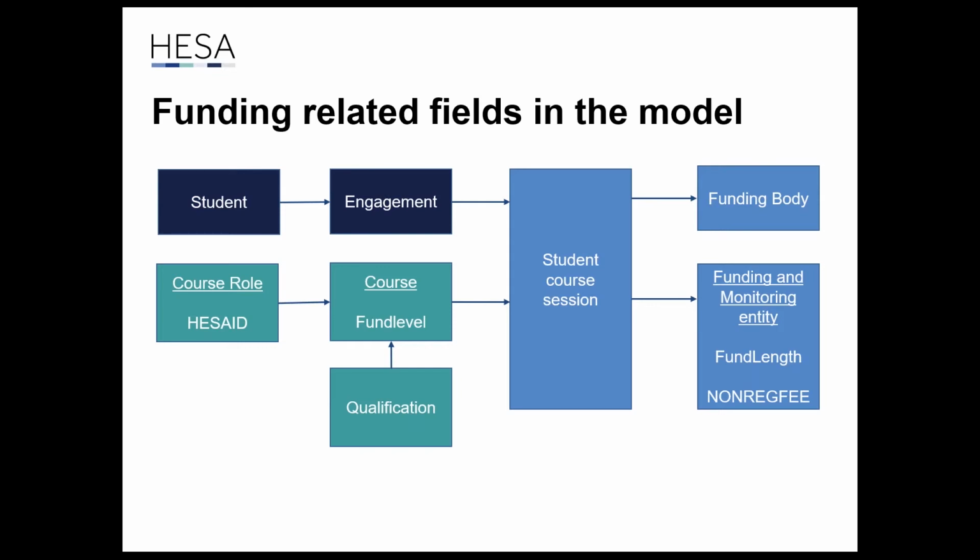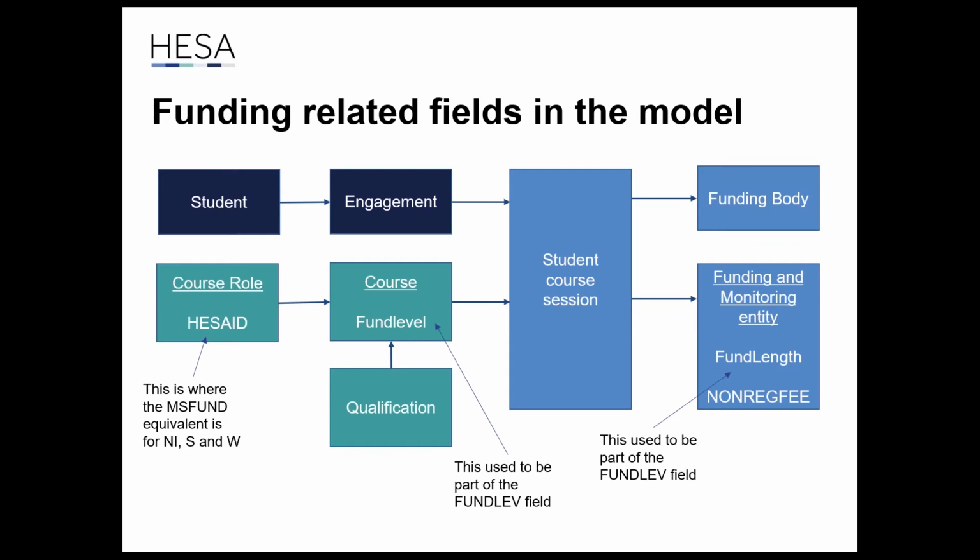So picking them apart to start with. I'm going to go into more detail about each of these, but just to give you a rough idea of where they all sit. The HESA ID that's sitting within course role, one of the funder codes within that is the equivalent to what MS Fund does at the moment, and that's only for Northern Ireland, Scotland and Wales, Welsh providers.